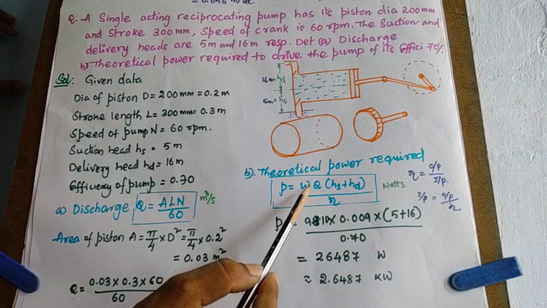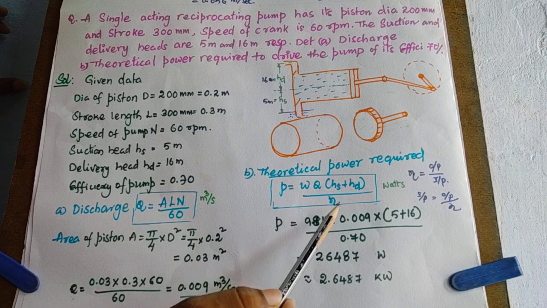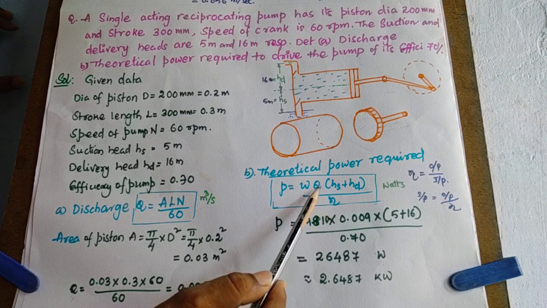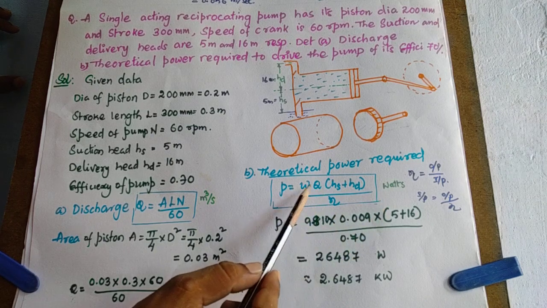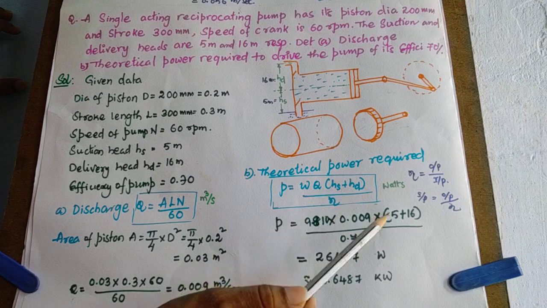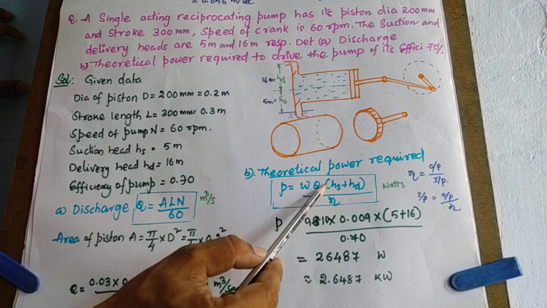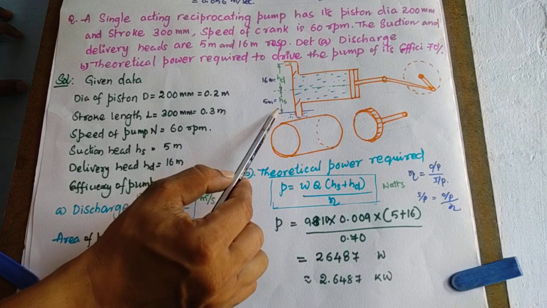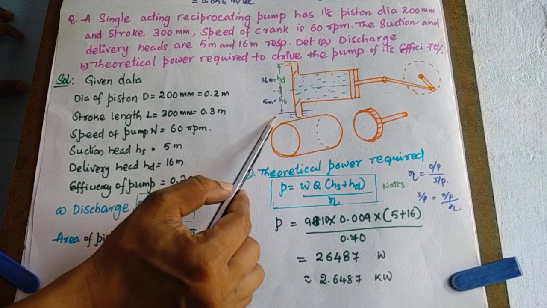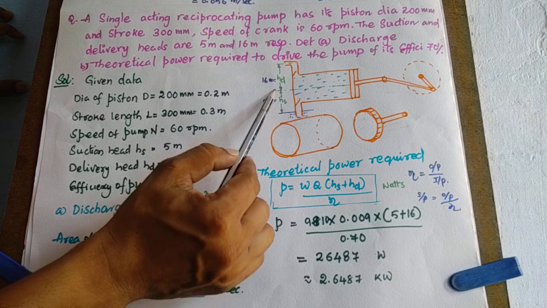So we know that WQH is the work done on the water, and HS and HD are given, that is, suction head and delivery head. The suction head is nothing but the height from the sump water level to the center of the pump.